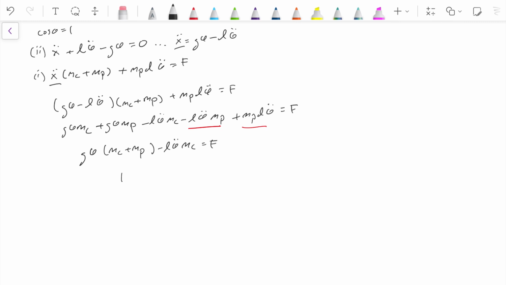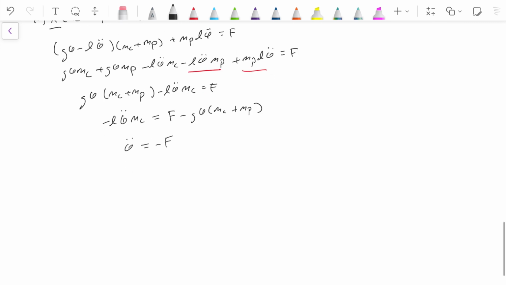Let's now move things around a little bit. So we have minus L theta double dot Mc equals F minus g theta (Mc plus Mp). Now let's get theta double dot alone. So we have minus F over L Mc, and we have plus g theta (Mc plus Mp) over L Mc.